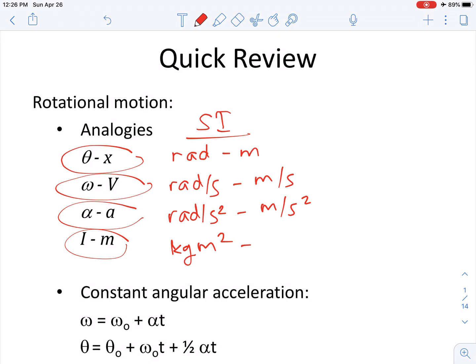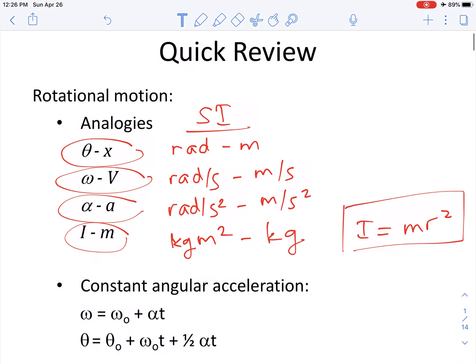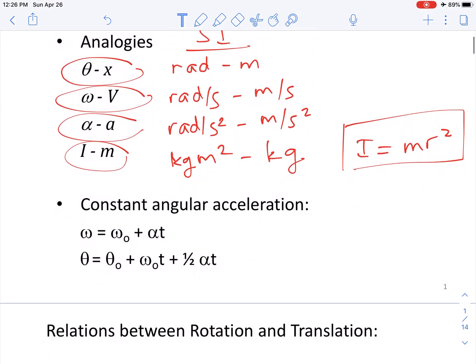You can just look at the equation sheet and see what the form is. This I is in the form of mr squared, and this is true if the mass is a point particle. We talked about this, but I'm going to remind you of a couple of things about that later.